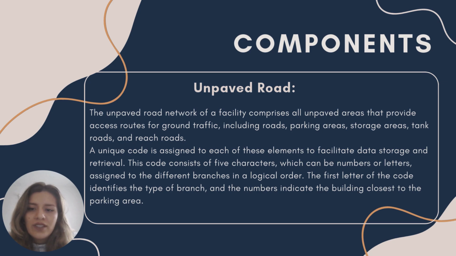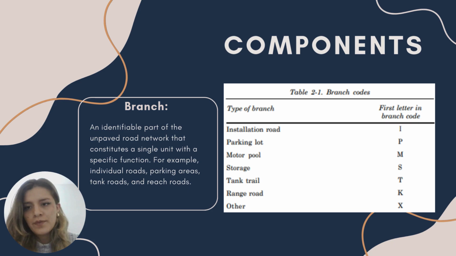This code consists of 5 characters, which can be numbers or letters, assigned to the different branches in logical order. The first letter of the code identifies the type of branch, and the number indicates the building closest to the parking areas.